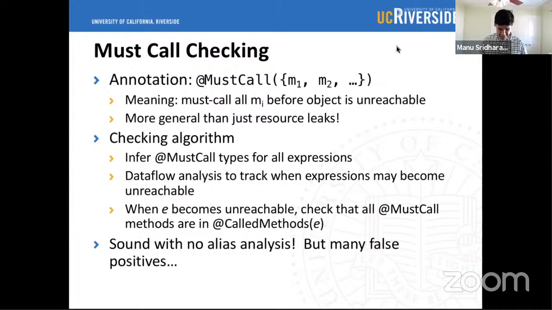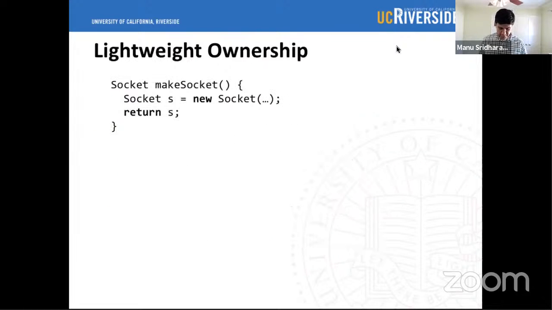But we found that you get many false positives, and we're still working on bringing this false positive rate down by doing some targeted aliasing reasoning. And one system that we've come up with is kind of a lightweight version of ownership tracking, which we've seen in a lot of academic work and also in real world programming languages like Rust. So here, we're creating a socket in this code example and returning it.